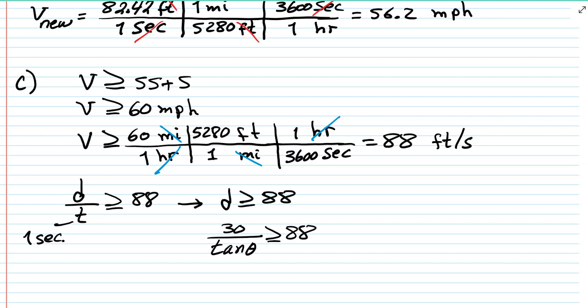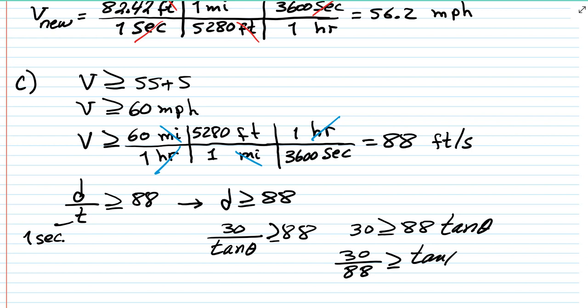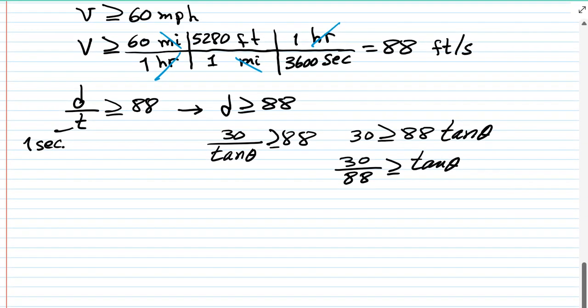Now if I multiply both sides here by tan theta, and because it's a positive measure, see the ratio is positive, tan theta has to be positive, and I'm multiplying both sides by tan theta, so I don't need to change the direction of my inequality. That's 30 greater than or equal to 88 tan theta, and divide both sides by 88. So as long as tan theta is less than or equal to that ratio, the patrol can give a citation.